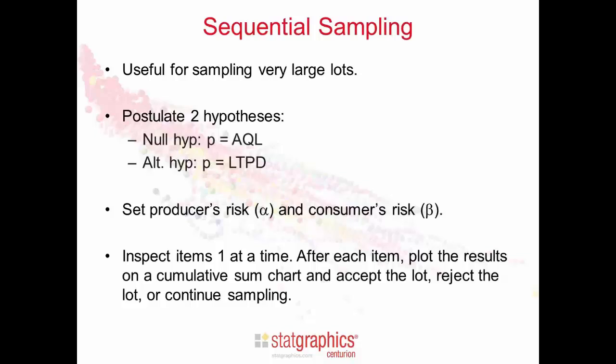So, for example, I'll inspect the first item. It's a good one. That's a 0. I'll take the second item. It's a good one. That's a 0. I'll take another item. That's a bad one. That's a 1. You actually plot the number of defects, you'll see this in a second, versus the number of items you've looked at. After each item, you decide either to accept the lot, reject the lot, or take another sample.